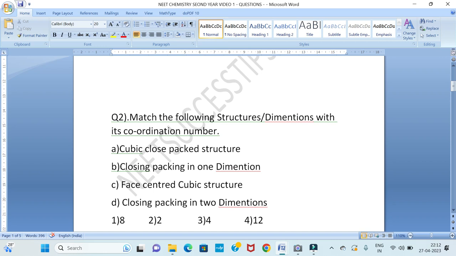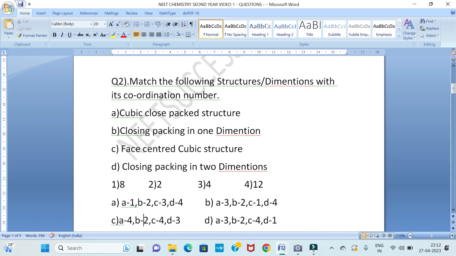What is the option? Cubic closed packed structure has what coordination number? Close packing in one dimension, what is the coordination number? Face centered cubic structure, what is the coordination number? Close packing in two dimensions, what is the coordination number?